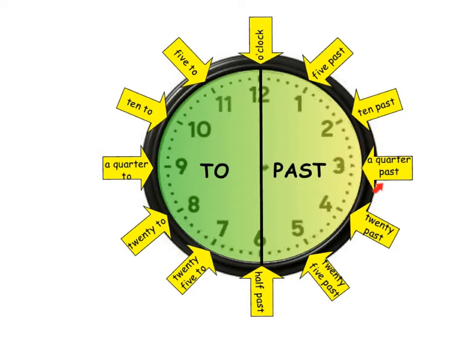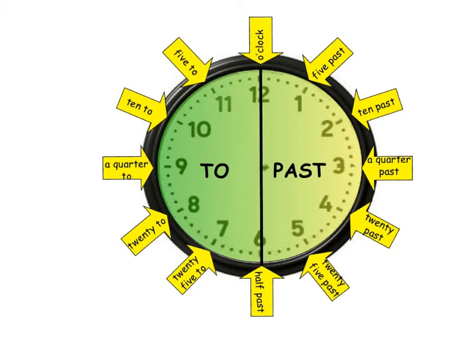And we know that when we say 15 minutes, it's a quarter past. Down here at the 4 is 20 minutes past the o'clock. 25 minutes, at the number 5, is 25 minutes past. When we're at the 6, right down at the bottom, we are directly halfway around the clock. So that is why we call it half past.